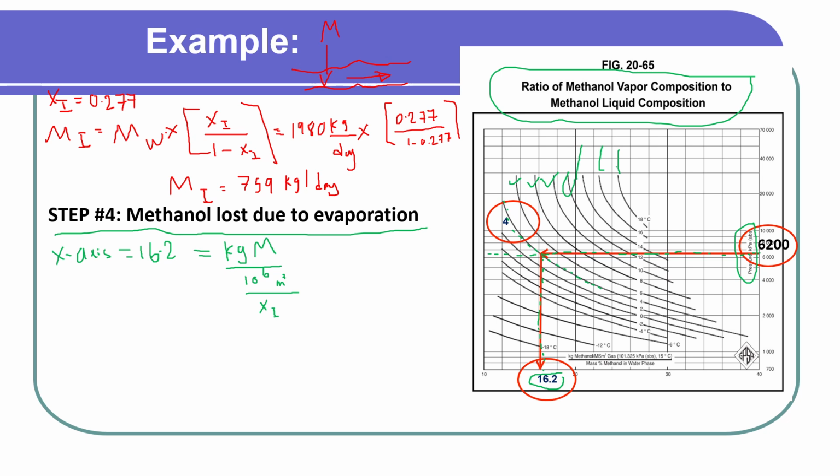So this is what this value means: kilogram of methanol divided by 1 million meter cube divided by the xi, or the mass fraction of the methanol. Therefore, if I find that this value is the ratio, then I can simply find the total loss.